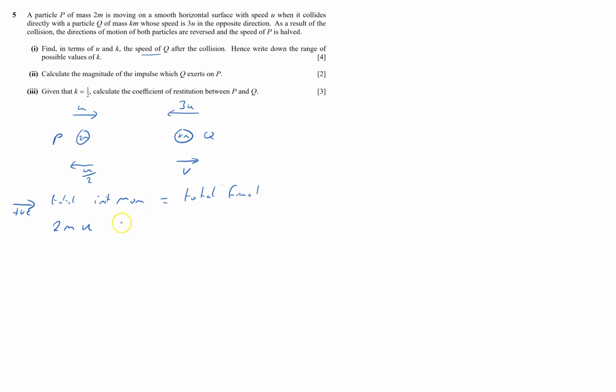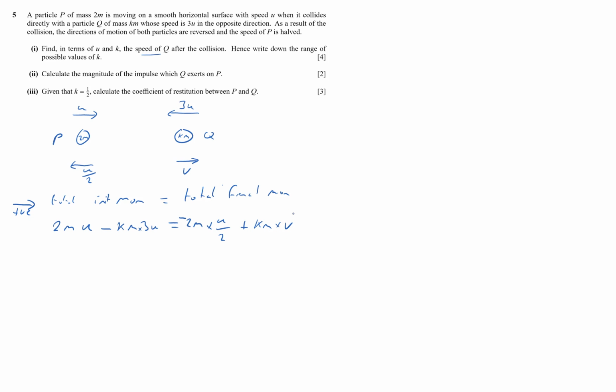This is going to be a negative because it goes backwards, minus km times 3u, and that equals the total final momentum, which is 2m times the velocity u over 2, but it's negative, so I'll put a minus there, and then plus km times v.